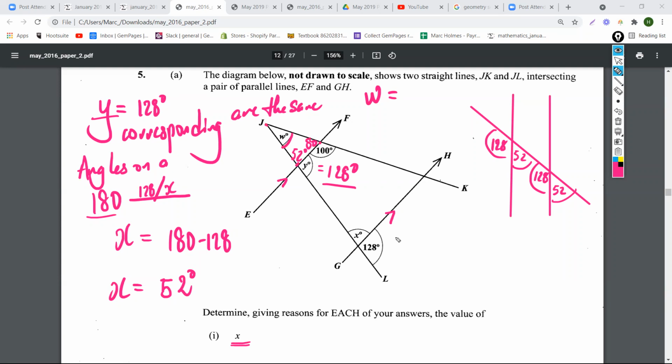So if it's angles in a triangle, that means W is equal to 180 minus 52 degrees, which is this right here, minus the 80 degrees. So W would be equal to 48 degrees. Make sense, guys?